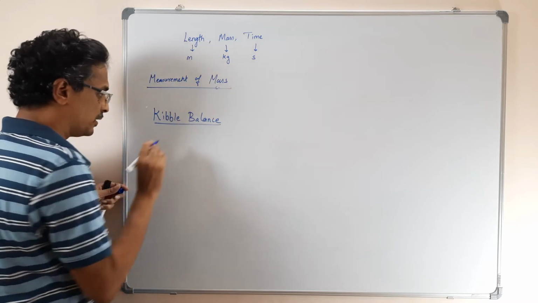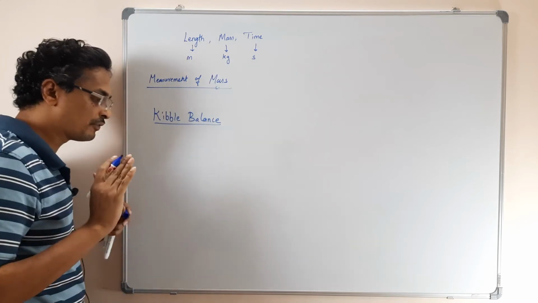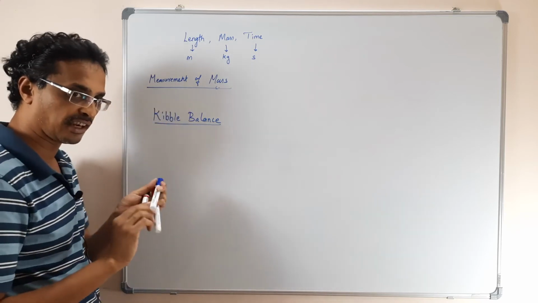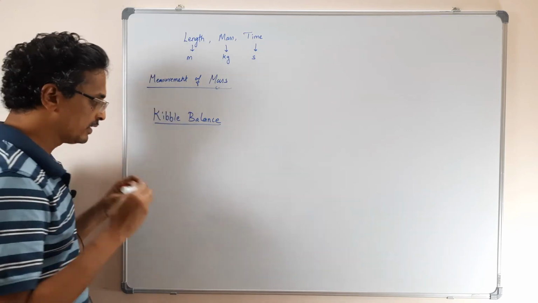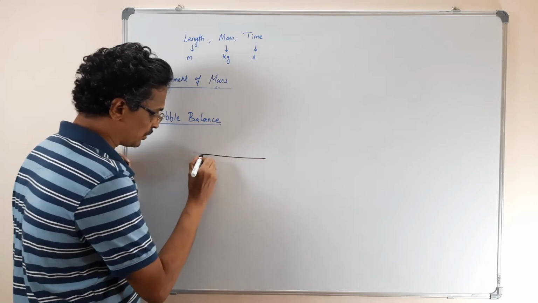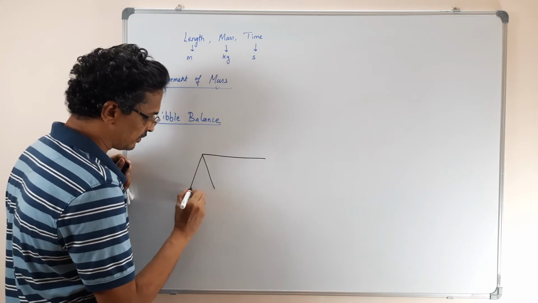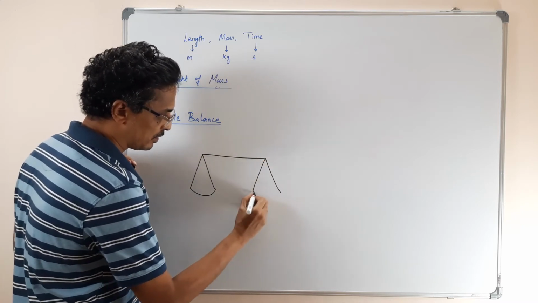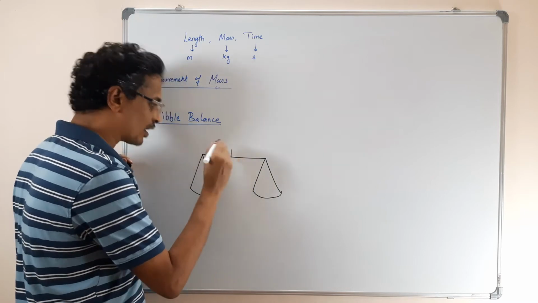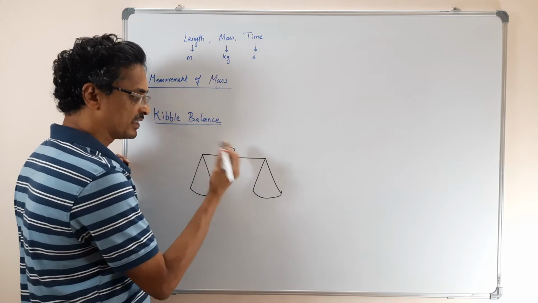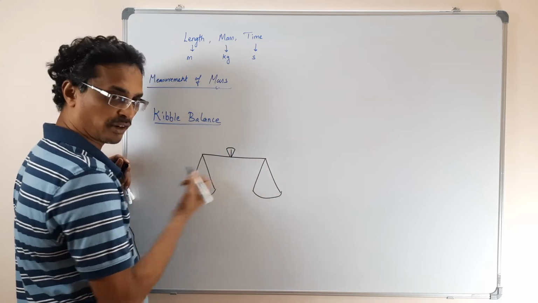Okay, so I am not going into exactly how this balance looks. We can very simply understand what the Kibble balance is. Suppose we have a balance. You know the physical balance, right? So there are two pans, and there will be a needle or some indicator which says whether the balance is proper or normal.